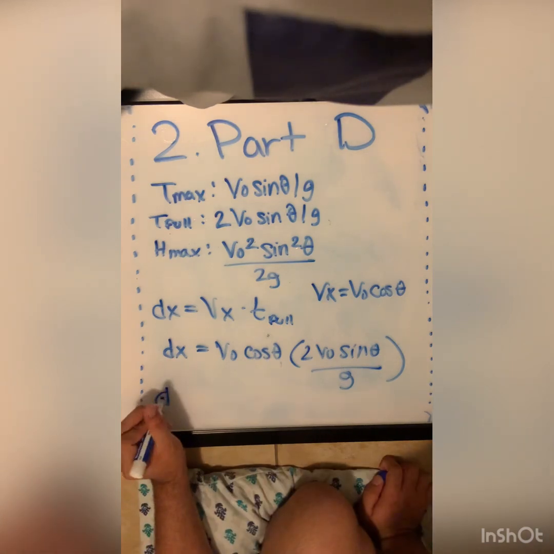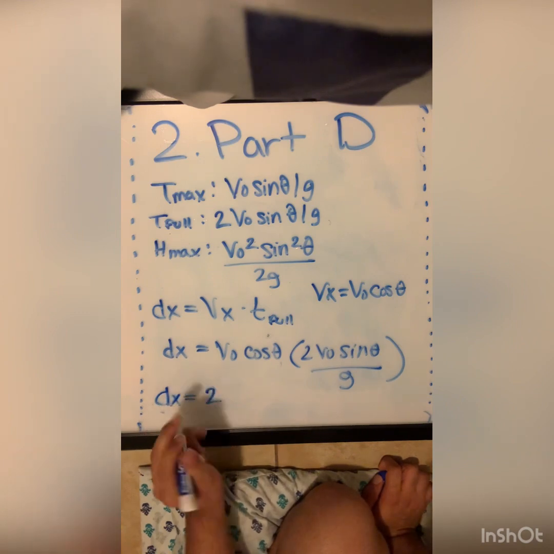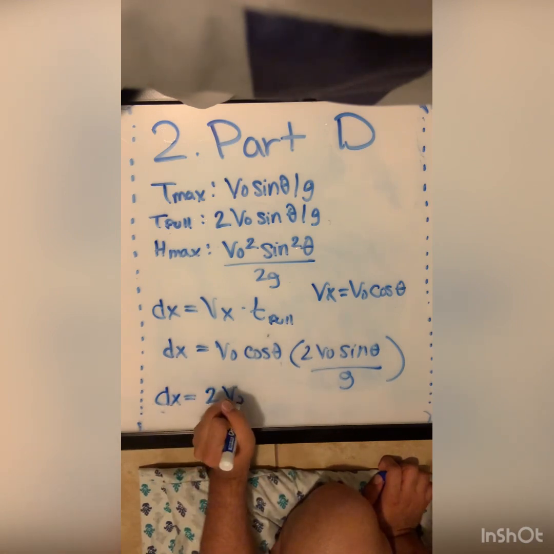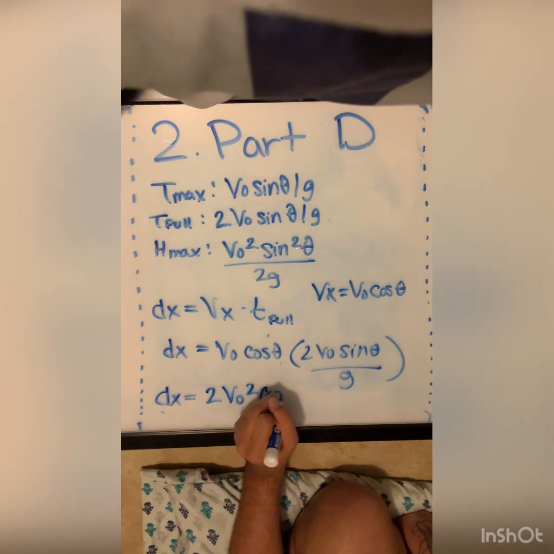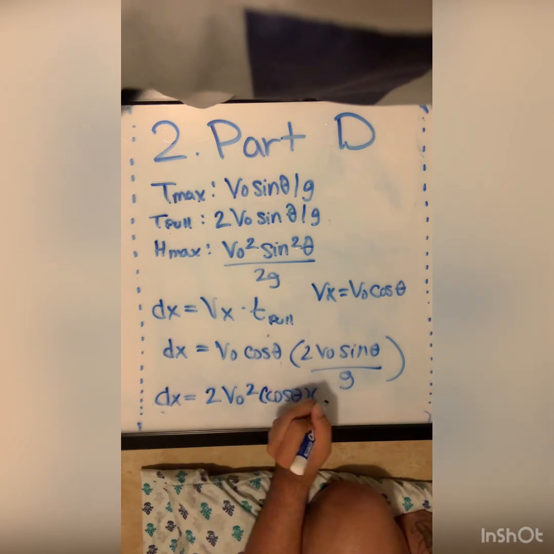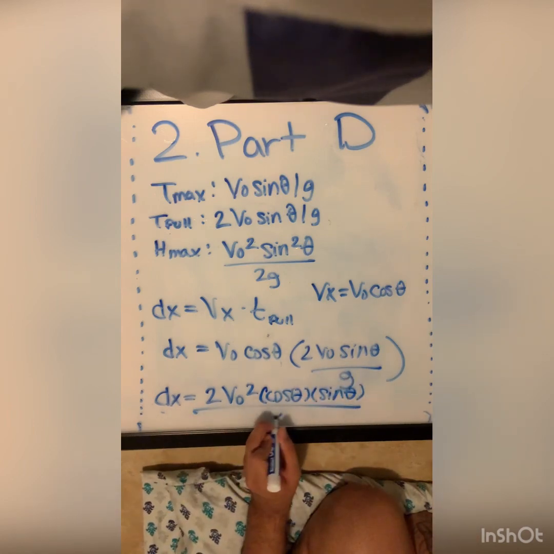The distance in the x direction is equal to 2 times velocity squared times cosine times sine, all divided by g.